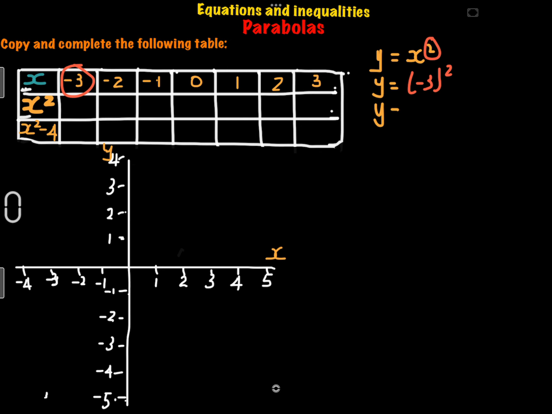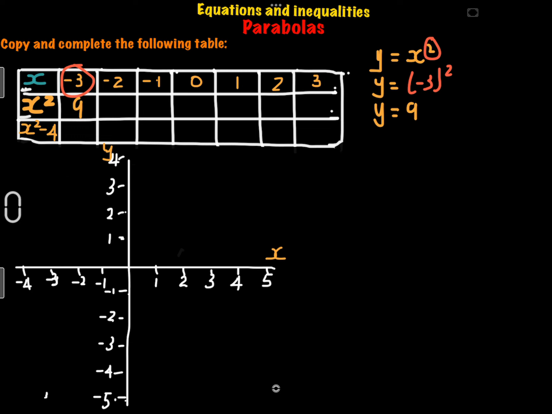Y is equal to 3 times 3, which gives us 9. So we know that we have positive 9 here. That's our output. So our y is equal to 9.